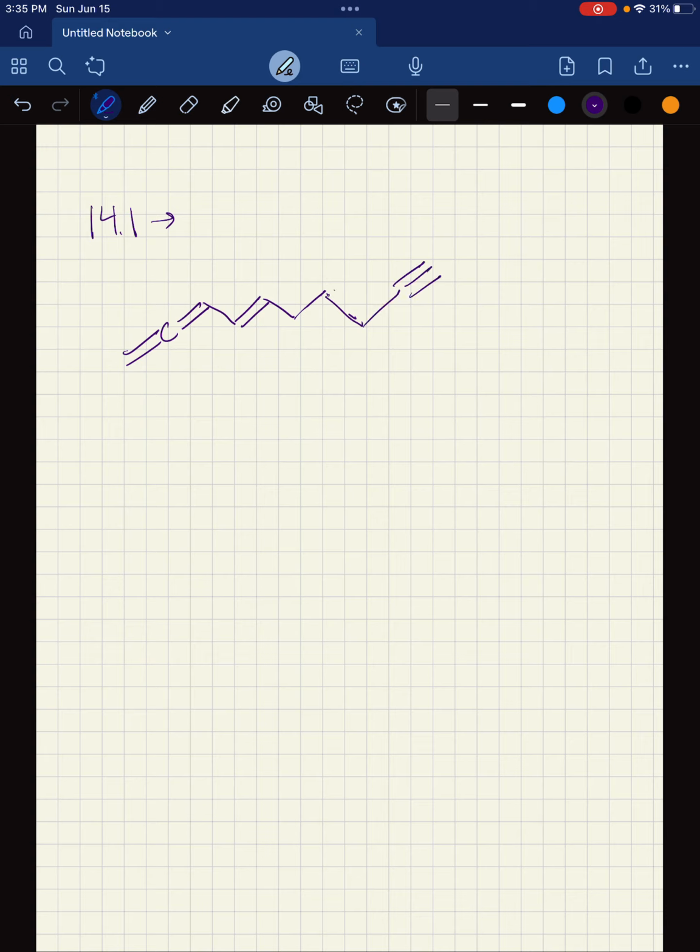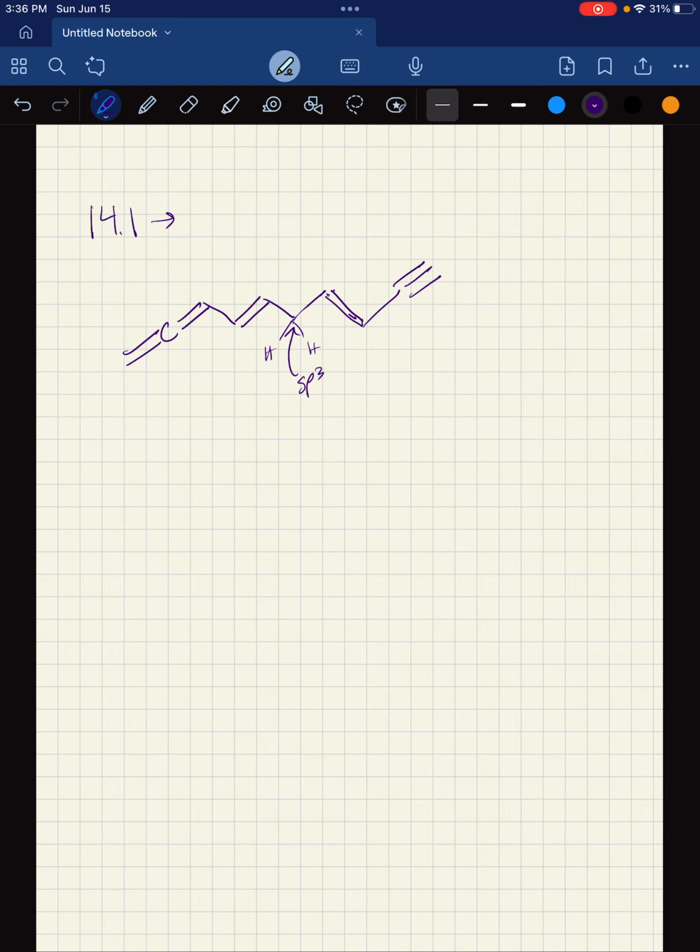Let me make sure I've got the structure correct. So we have 10 carbon atoms. And then this carbon here is going to be sp3 hybridized.